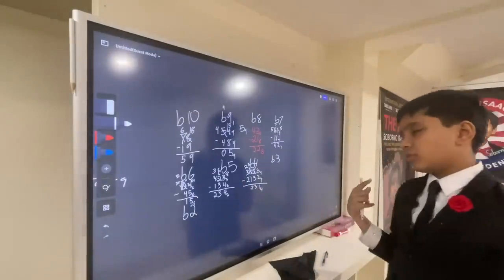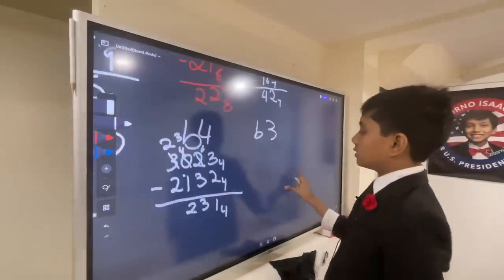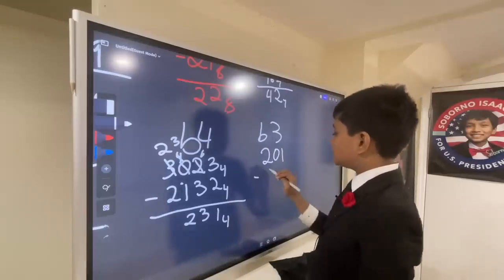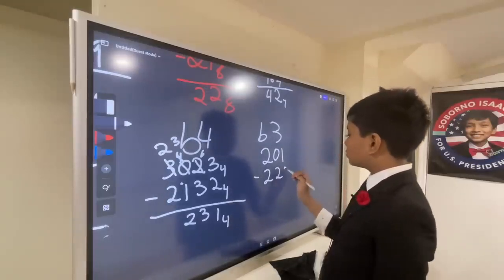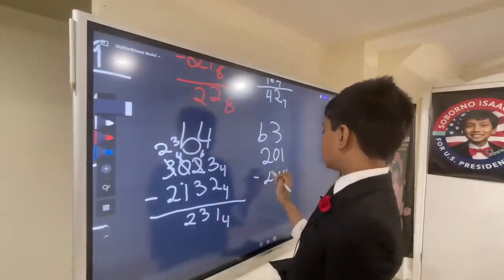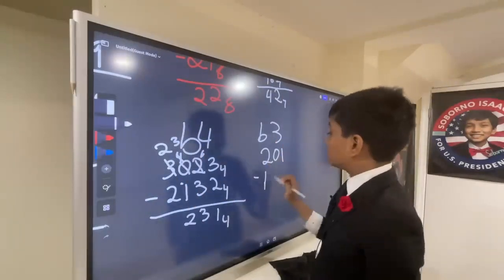Alright, so for base 3, we're going to have, let's say, 201 minus 220. Well, actually, no, one number here is bigger than the other. So let's do that differently. 120.